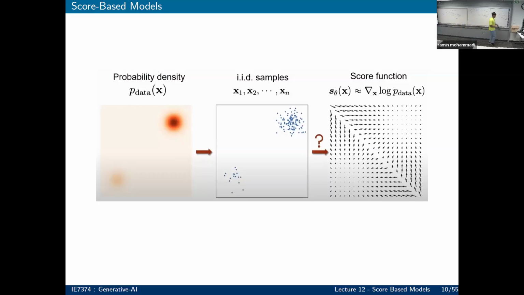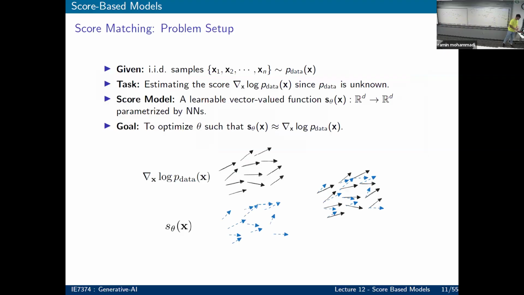Then we say that we're doing score matching, and that becomes like the Fisher divergence, for example. We use the gradient of the real P data minus the gradient of the score function, right? That's how you compare them. And the idea of score matching is something like this.